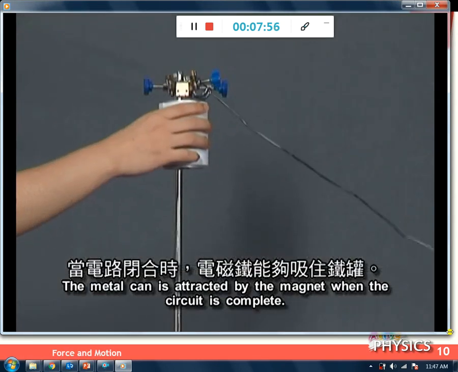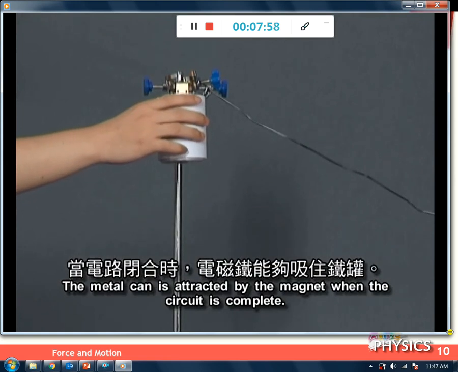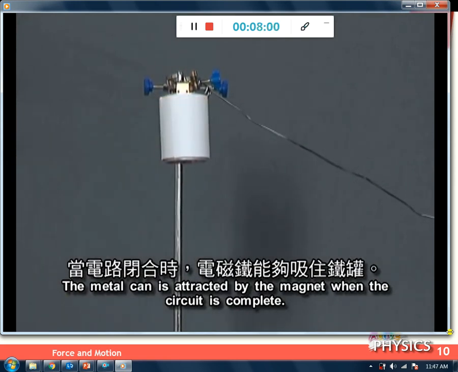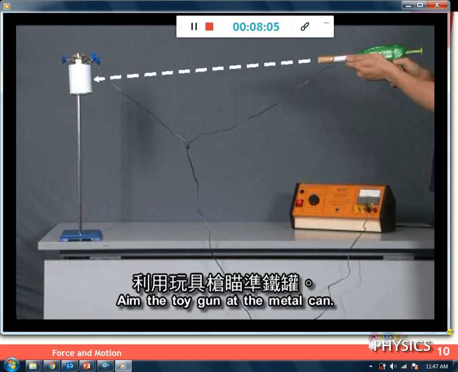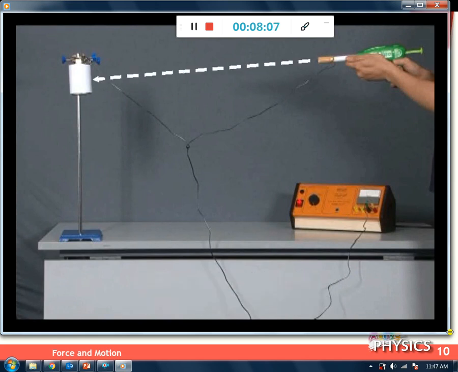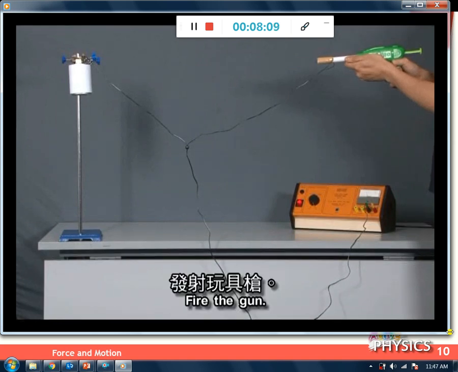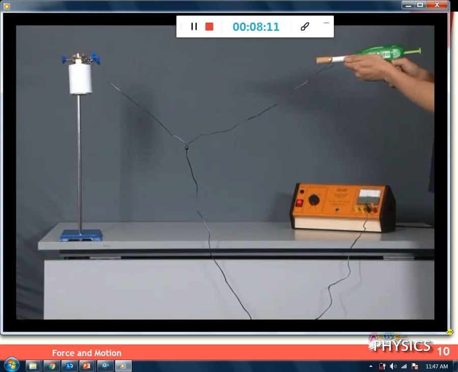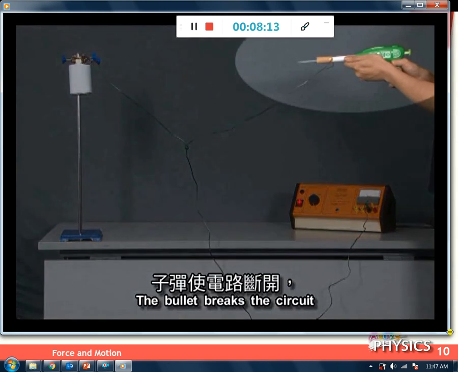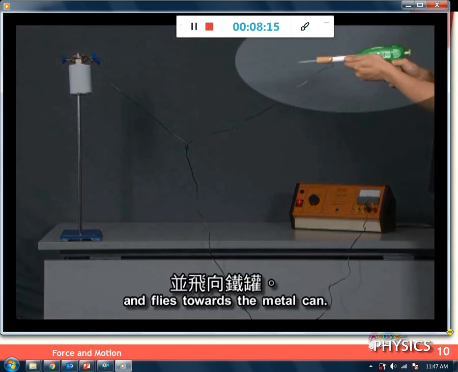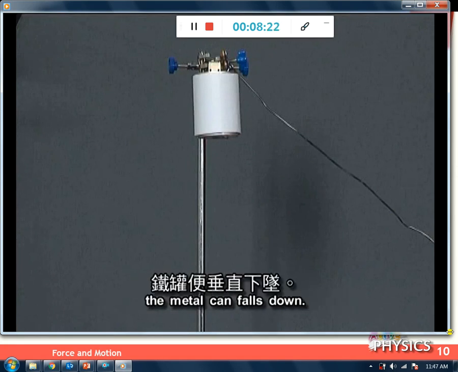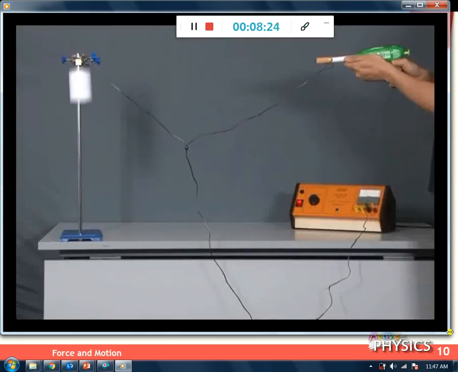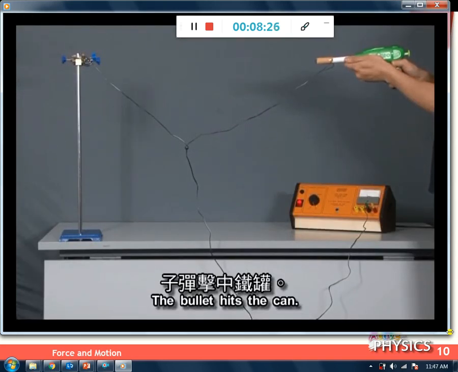The metal can is attracted by the magnet when the circuit is complete. Aim the toy gun at the metal can. Fire the gun. The bullet breaks the circuit and flies towards the metal can. At the same time, when the circuit is broken, the metal can falls down. The bullet hits the can.